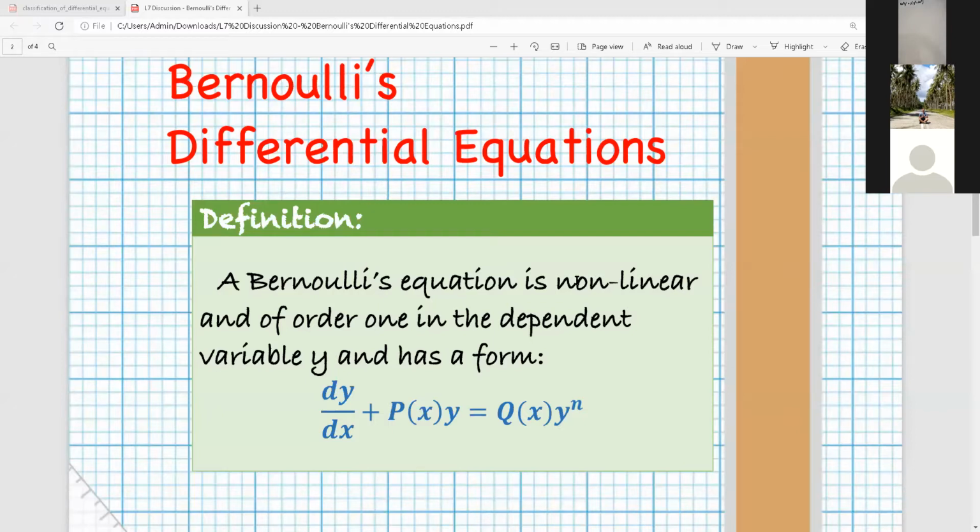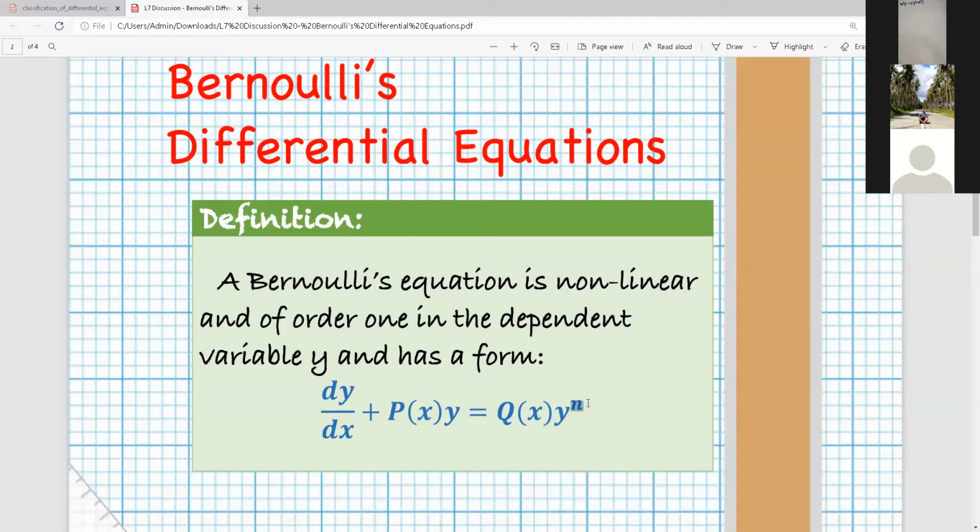The difference between this and linear is the term y raised to n. If it were linear, this should not be there. But if we transform the equation and see this form, that means we can solve it using a linear equation.